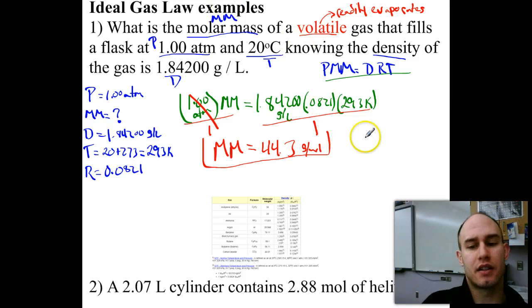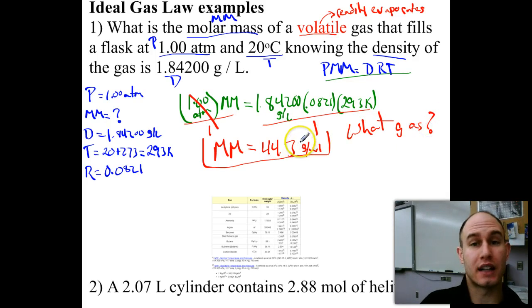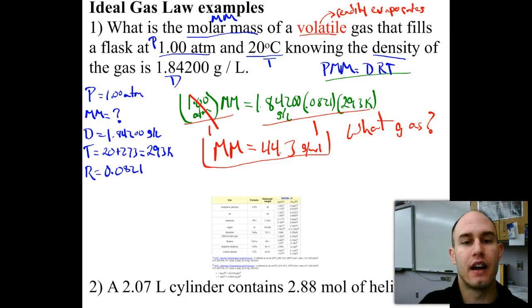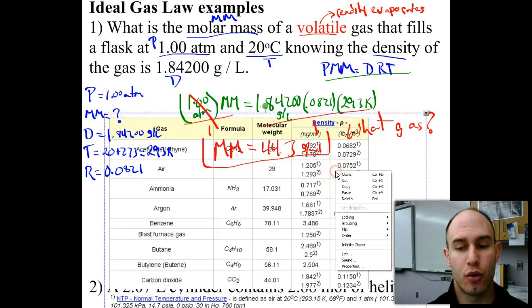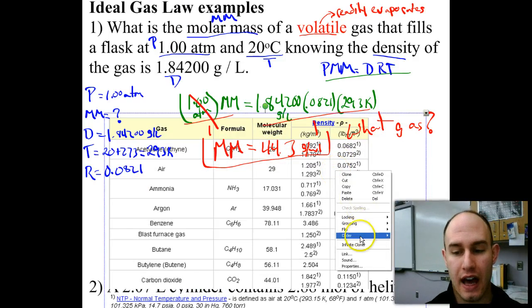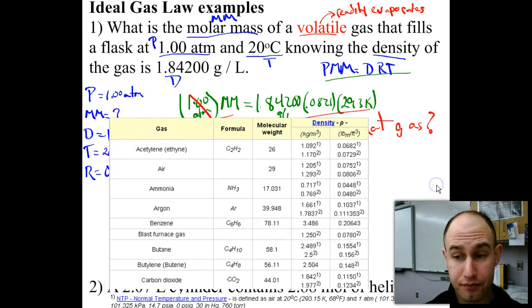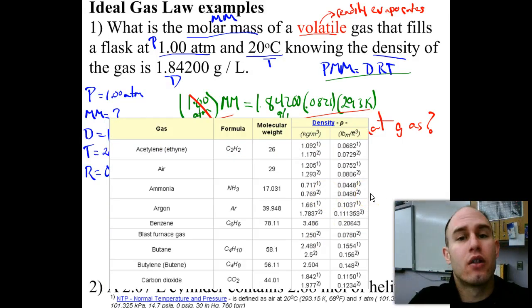Now, you might be asked to find, well, what gas? If you know this gas has a molar mass of 44.3 grams, how could you find out what actual gas it is? And the way you could do that is to look at, and I'll bring this forwards here so we can see it a little better, this table or a table that you find online or it's in your textbook.